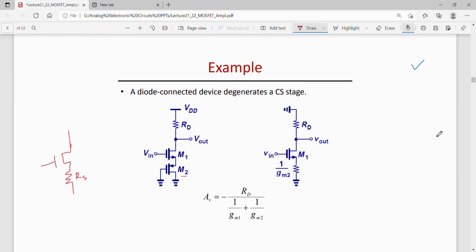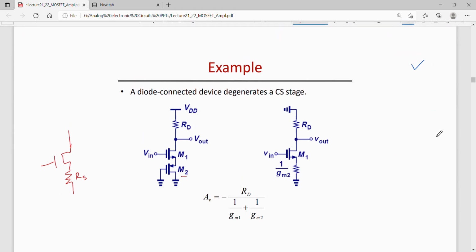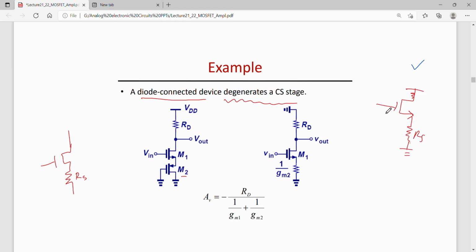Now let us consider one example where a diode connected device is degenerating the common source stage. So instead of using a degeneration resistance at the source, here I am using a diode connected MOSFET M2.